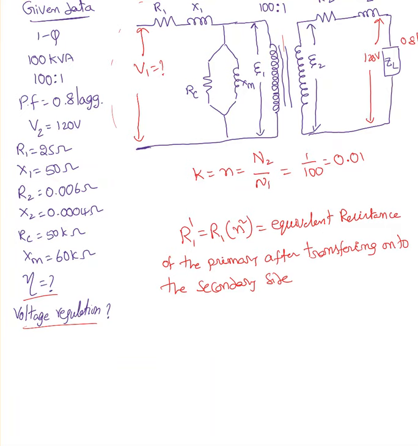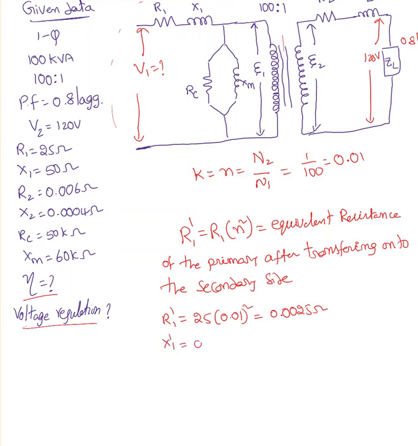So R1 prime equals R1, which is 25, times N squared, which is 0.01 squared. This value is 0.0025 ohms.